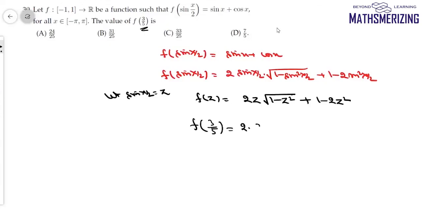So it will be 2 into 3 by 5, and here will be 4 by 5 and plus 1 minus 2, and z square is 9 by 25. 24 minus 18, it is 6. So it will be 6 upon 25 plus 1, which is simply 31 upon 25, and that's your option number B.